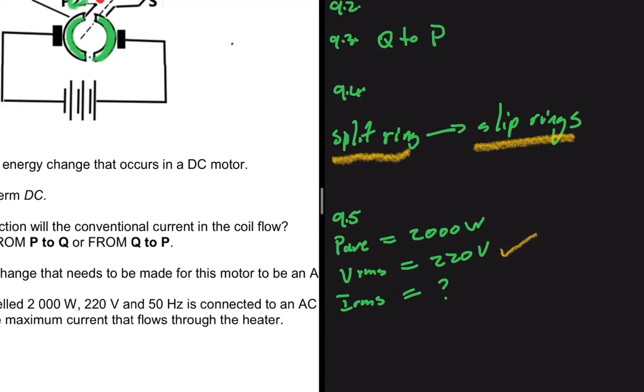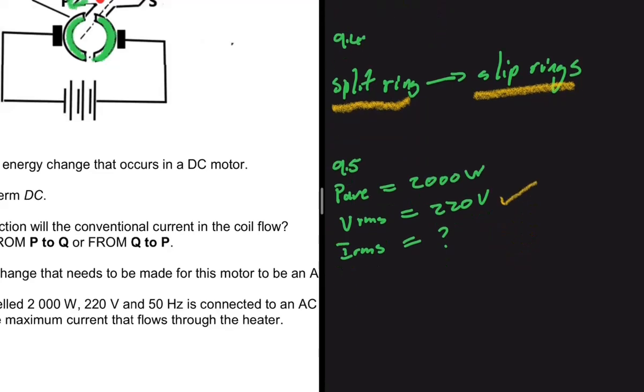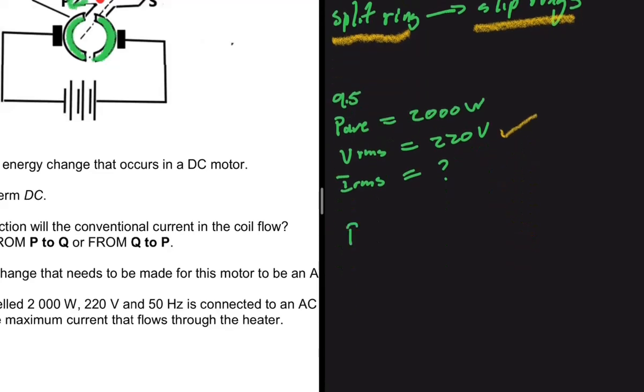It is because this heater is connected to an AC. When an appliance is connected to AC, the current is IRMS and the voltage is VRMS. You should put that in mind so that you know what to do the next time you get a question like this. So now we can say that P average will be equal to VRMS multiplied by IRMS.